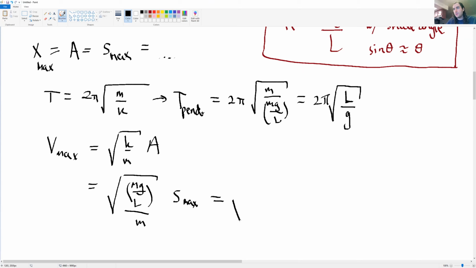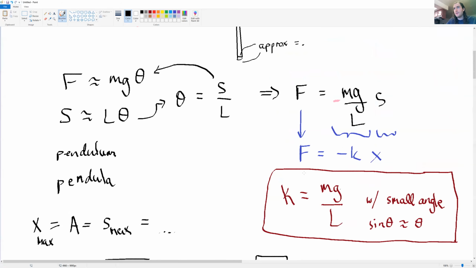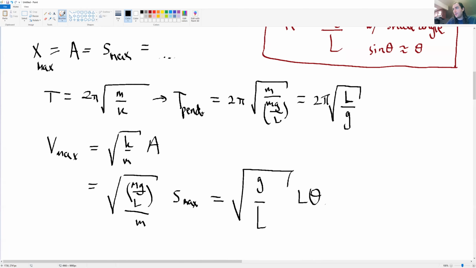And this is going to be equal to square root of g over L times S max. And again, we could write S max as L times theta, from this expression up here. And we put theta max here.